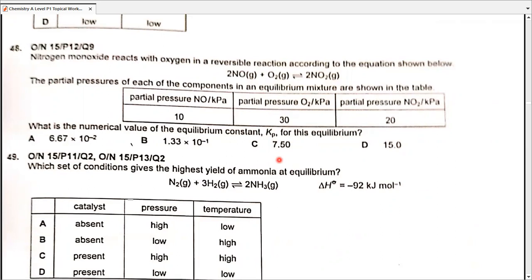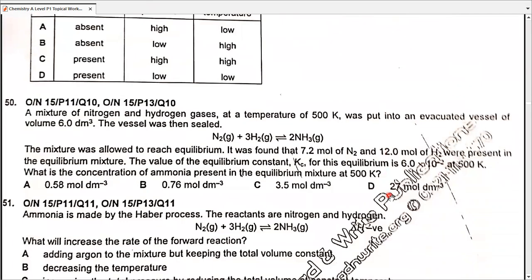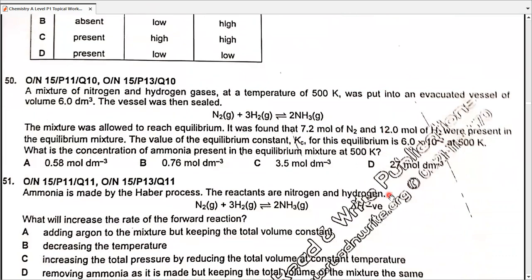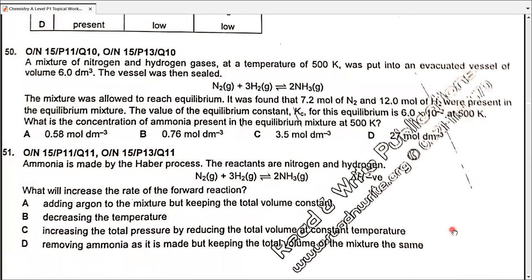Beta. Perfect. Okay, moving on. Easy. Yeah, 50. Try 50.